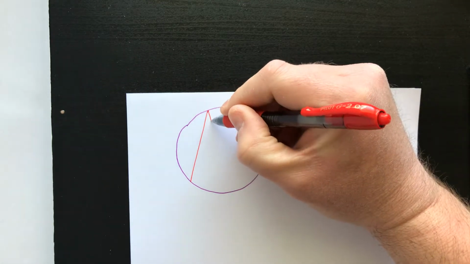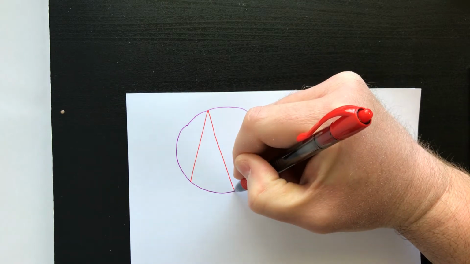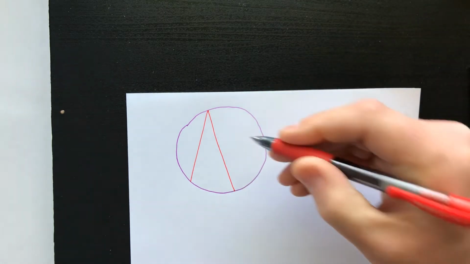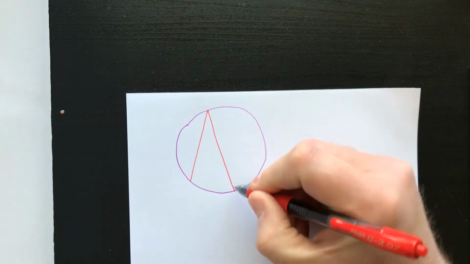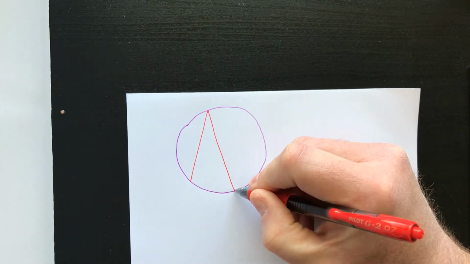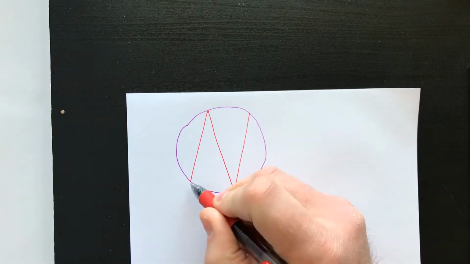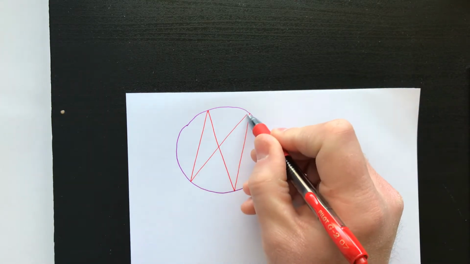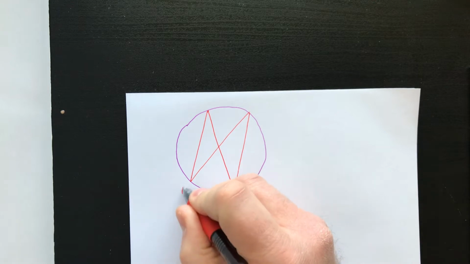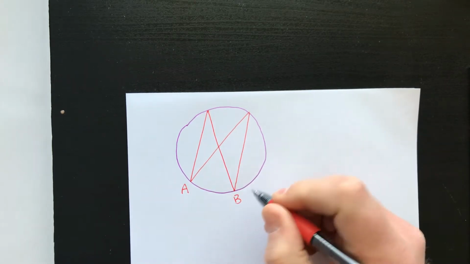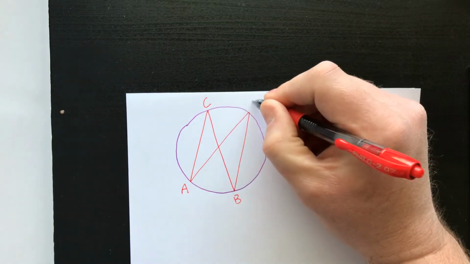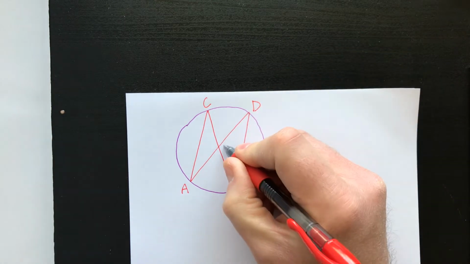And they have another chord going this way, another chord going this way, and then they connect it here. And this is point A, B, C, D, and this is O.